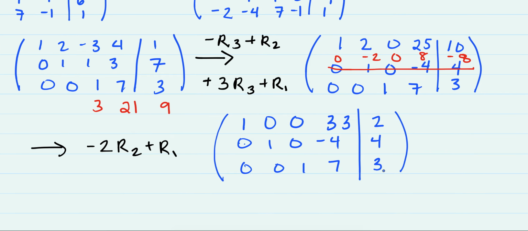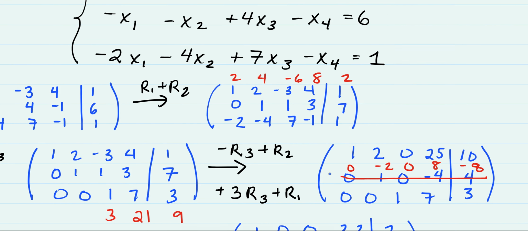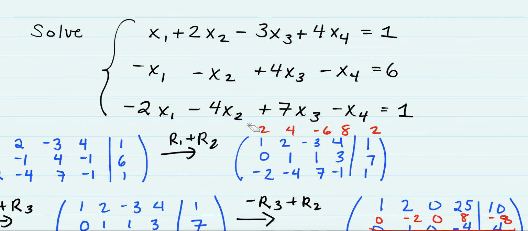All right. So now we have a matrix in reduced row echelon form, this augmented matrix, because we have 3 pivots. Everything below and above the pivots are 0. And it looks like we only have 3 pivots. This original system, you can see it had 4 unknowns. So we have fewer pivots than we do unknowns, which tells me that this is not going to be an inconsistent system.